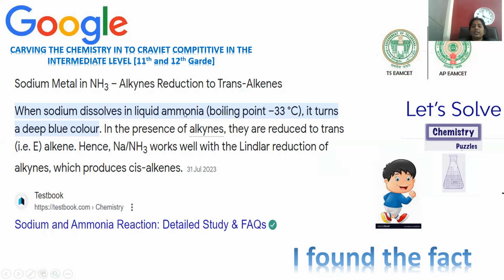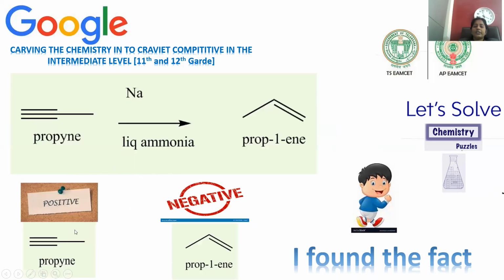Sodium dissolved in liquid ammonia, whose boiling point is negative 33 degrees centigrade, turns a deep blue color. In the presence of alkynes, they are reduced to trans-alkenes. This is specific for trans-alkene formation. This is the way a positive test is given by propyne, and a negative test is given by propene; propene will not react.